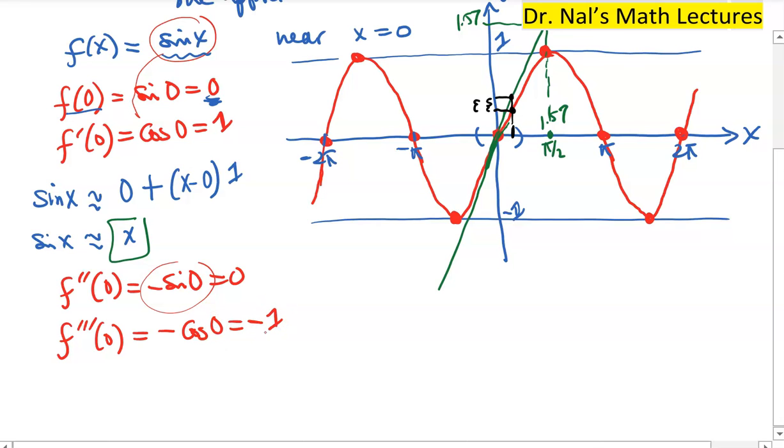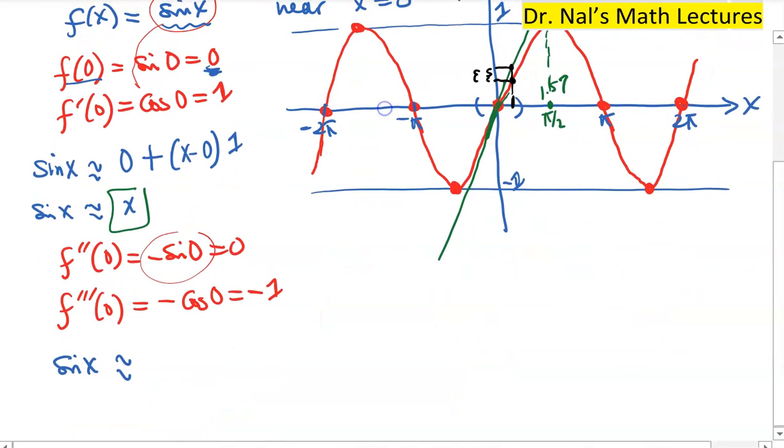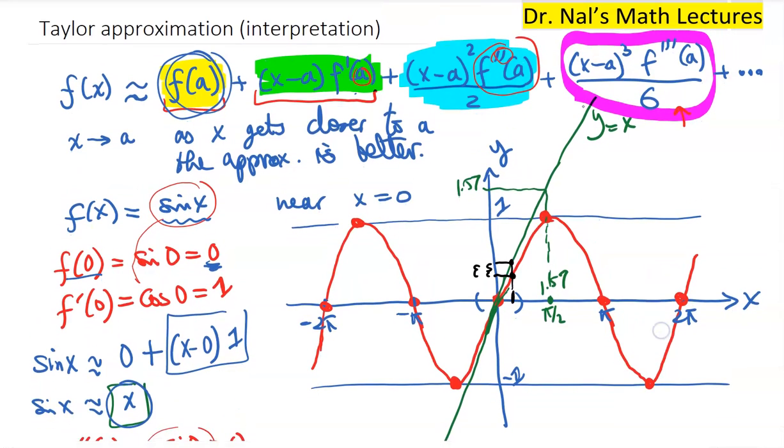All right, so therefore the new approximation will end up looking like this. So maybe I can use a blue color again. So sine of x is approximately equal to, so we got a 0 from the first term, so 0 plus we got an x from the second term, which is this one. We got yet another 0 from the third term, and now finally we are on that purple term.